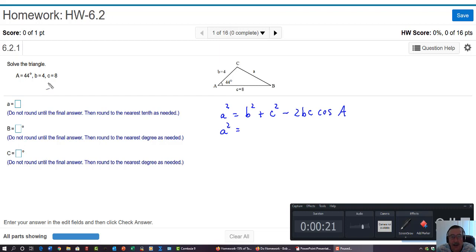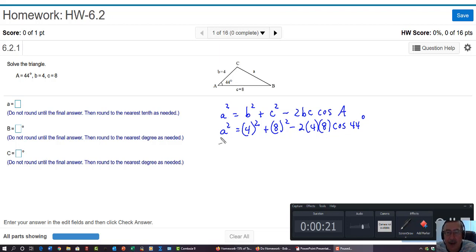I wrote the formula using one of the SAS formulas: A squared equals B squared, which is 4 squared, plus C squared, which is 8 squared, minus 2 times B, which is 4, times C, which is 8, times the cosine of angle A, given as 44 degrees.